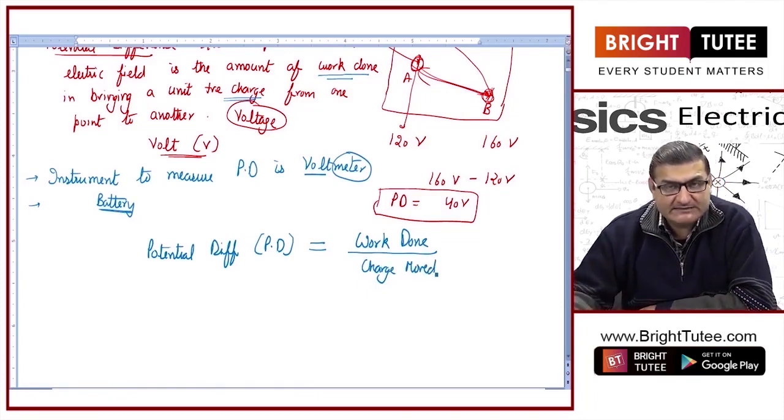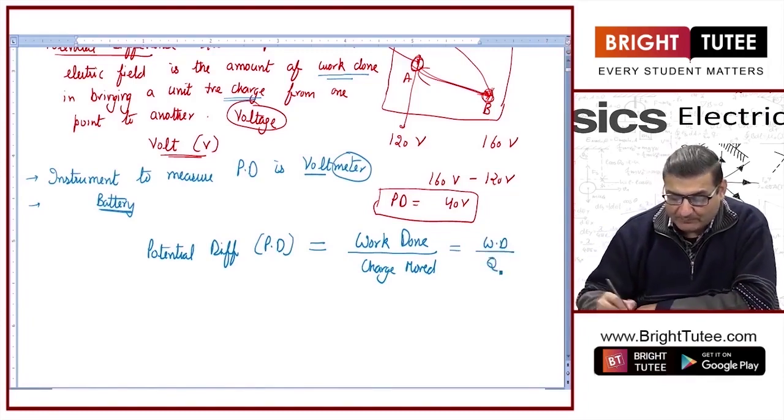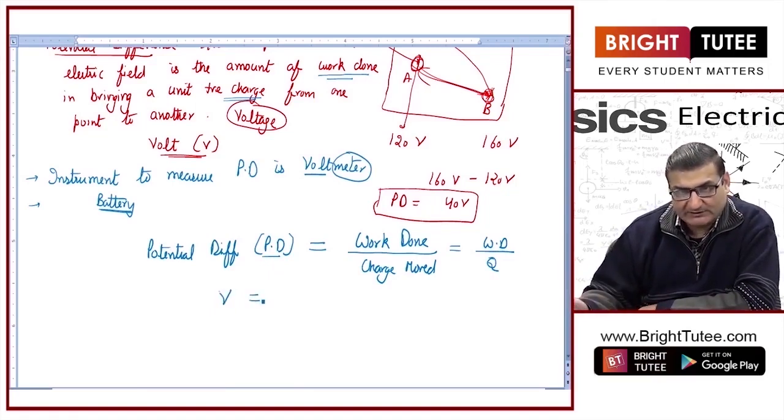Work done I can express as WD, charge we express as capital Q. Potential difference is expressed as capital V for volts, or voltage. So potential difference is equal to work done upon charge moved.